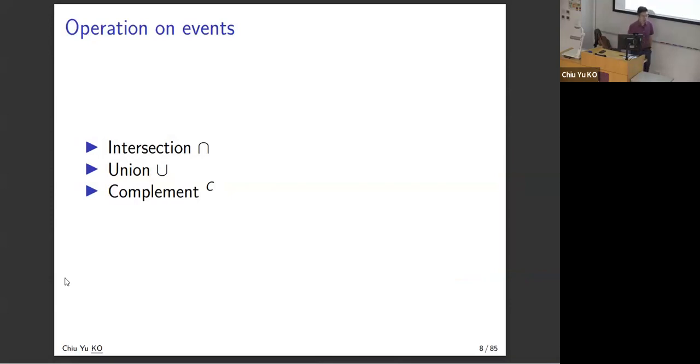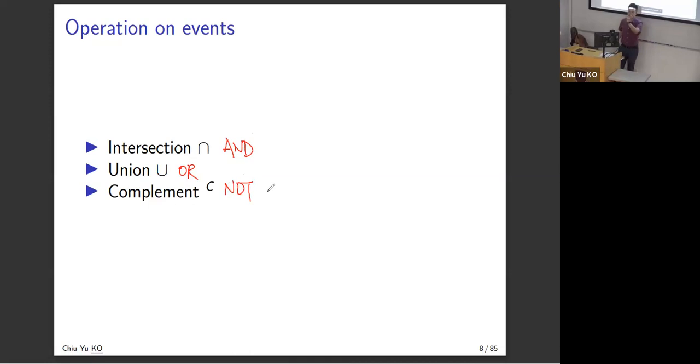So, as I said, everything is in terms of set theory. That's why the set language will be important. The idea of operations on sets is actually the daily language of "and", "or", and "not". Because we want to talk about this event and that event happening together.